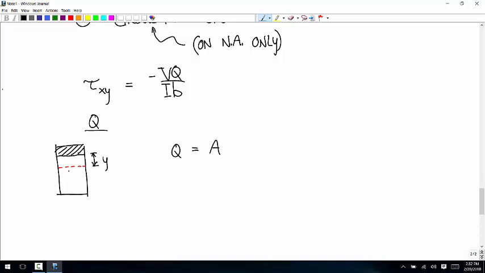times the distance from the neutral axis to the centroid of that area. The area is going to be 0.05, so this distance is 0.05, minus y, times this distance, which is 0.05.